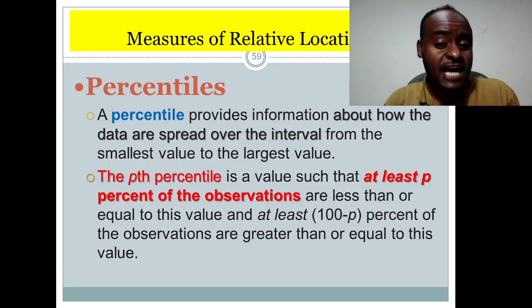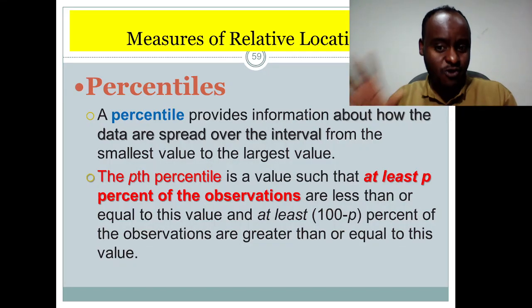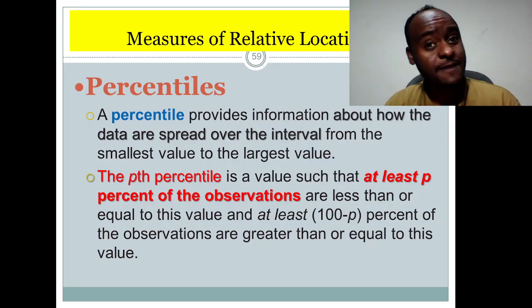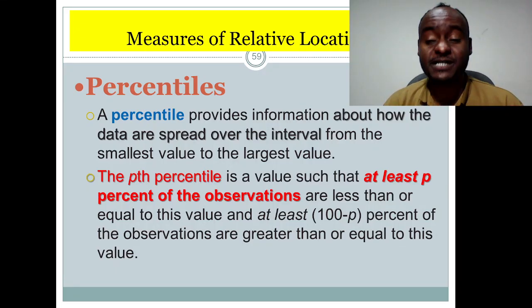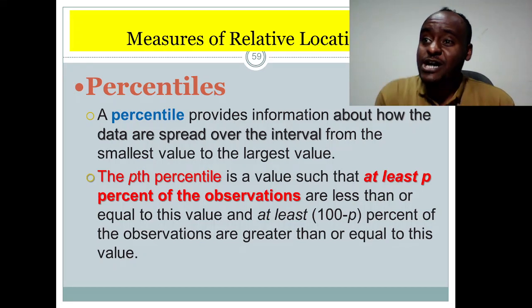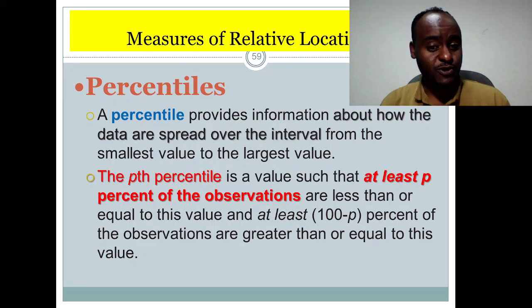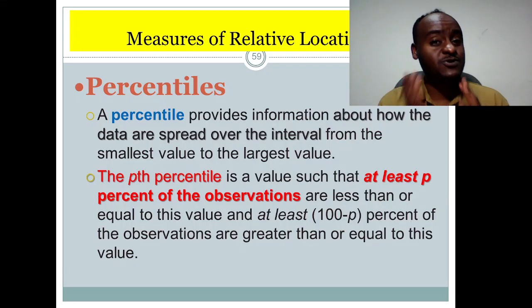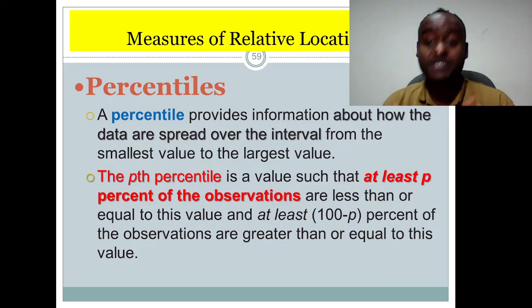A percentile provides information about how the data are spread over the interval from the smallest value to the largest. Before you calculate a percentile, the first task is to order your data from the smallest to the largest.